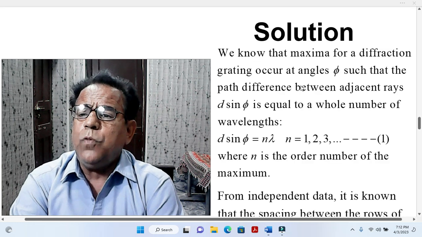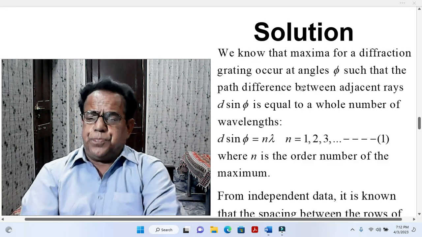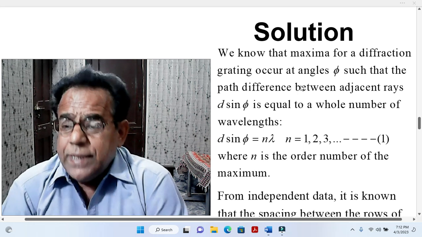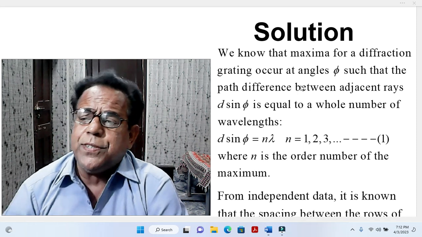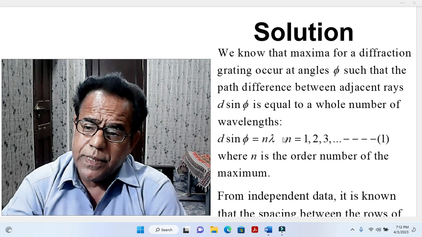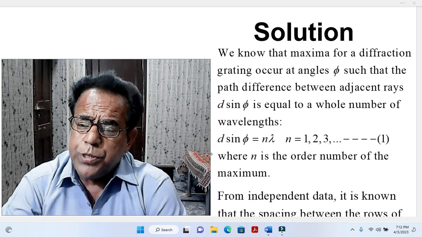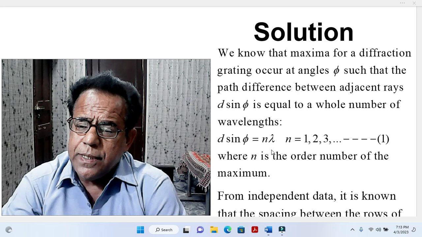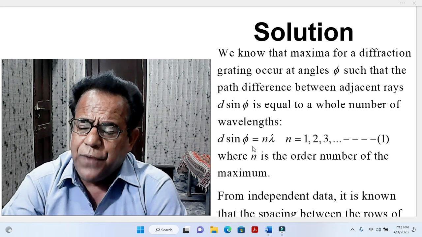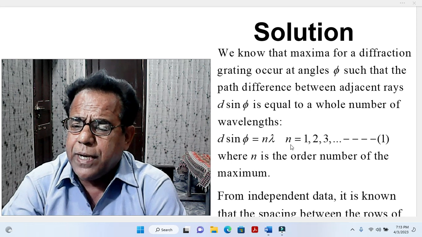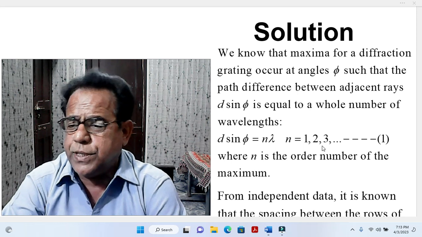Now we come toward its solution. Dear students, our solution mostly depends on this expression: d sine phi equal to n lambda, where n is equal to 1 2 3.